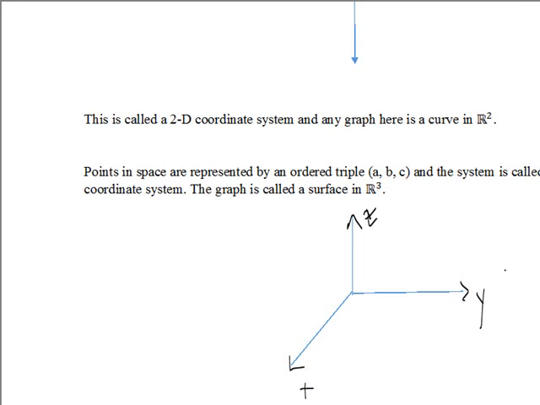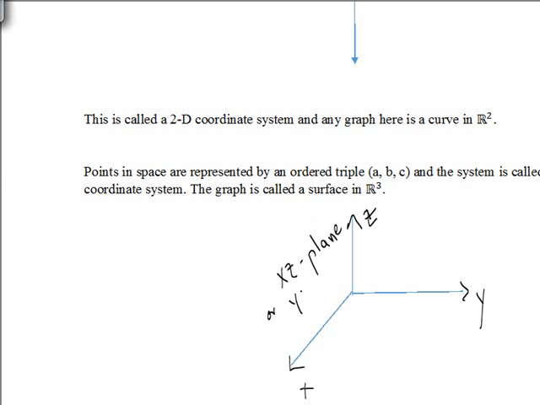Now, if you look at these axes here, those 3 axes form the coordinate planes. So for example, the x and z axes, this plane on this side is called the xz plane. Sometimes the xz plane is defined as y equals 0.